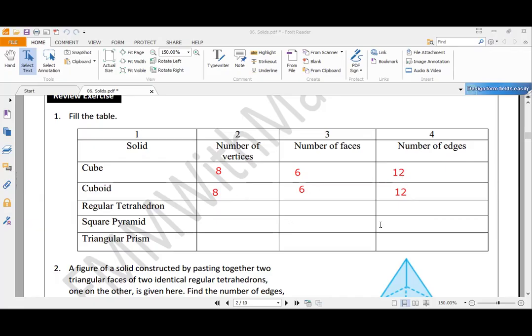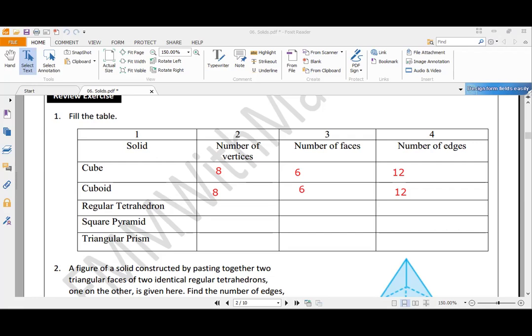Now I will give you 2 minutes to fill in the regular tetrahedron, square pyramid, and triangular prism. Give it a try to fill in the number of vertices, faces and edges. You can send the answers to the chat.